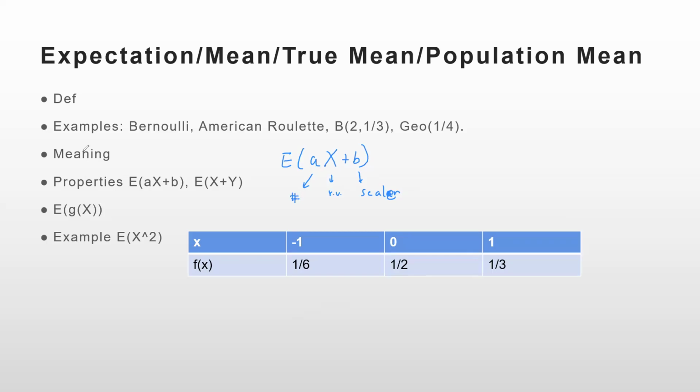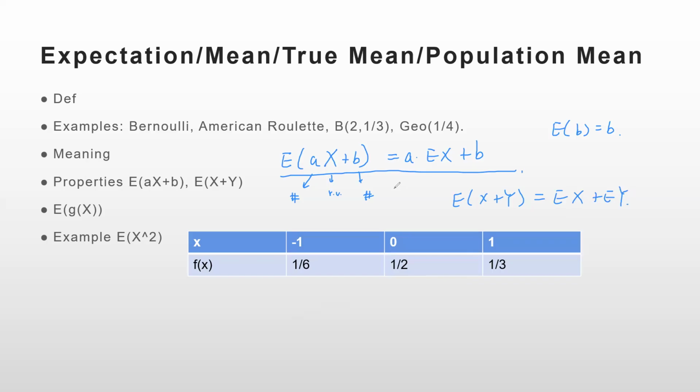It's not a random variable. And that equals A times expectation of X plus B. Obviously, expectation of any number is B itself. B is a number. All right, so this is what linearity means. Expectation of the sum of two random variables is always the sum of the expectations.